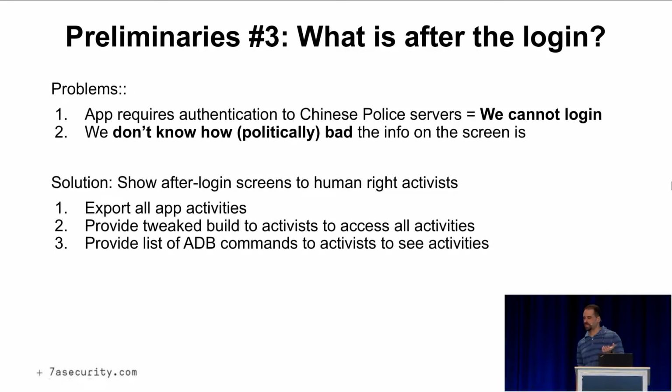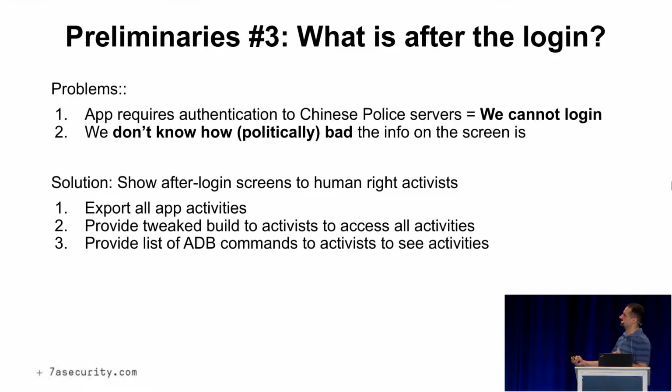And then the issue that I was explaining before during the demo, right? What's after the login? Because we were given this app that was leaked from the police, but we can't log in because we don't have a login to the police systems in China, and that would be crossing a line as well, even if we had some password. So we needed a way to show what's after the login.